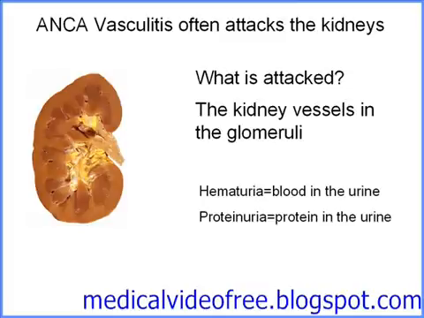Tell me about protein in the urine. I understand blood, but the protein, what's... Protein is a very substantial component of the blood in addition to the cells. So in your circulating blood, of course, you have the red blood cells, but you also have the fluid called the plasma that the red blood cells are floating in. And the plasma is comprised of water and electrolytes and a lot of proteins.